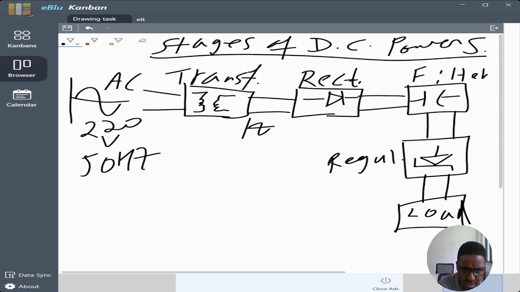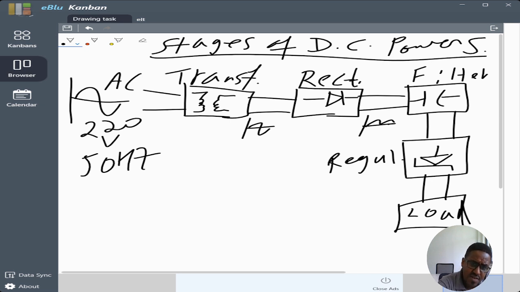At this stage, we use a diode. The diode's purpose is rectification, converting the AC input to a pulsating DC output.